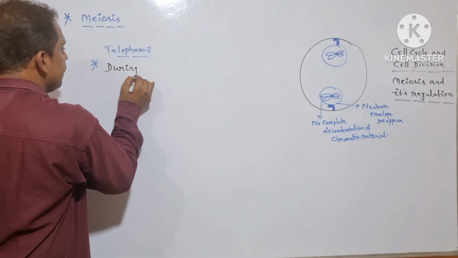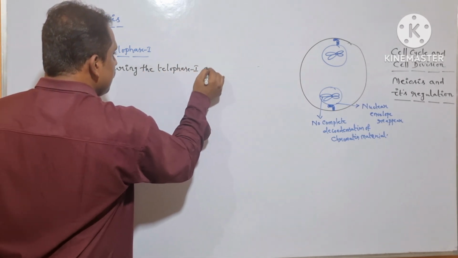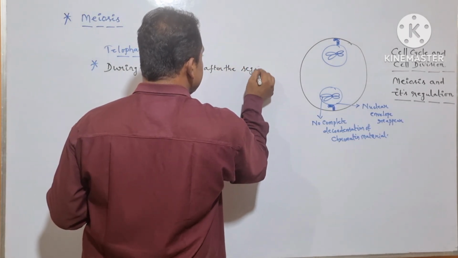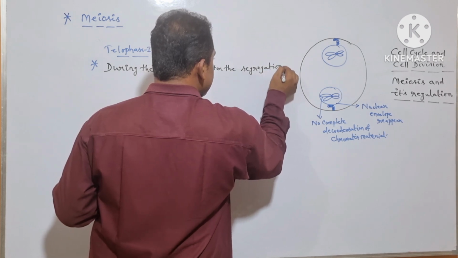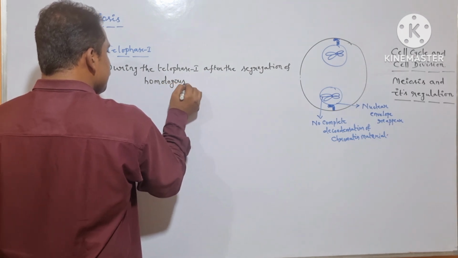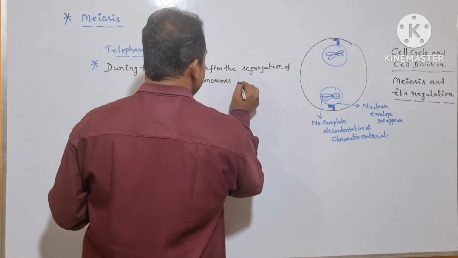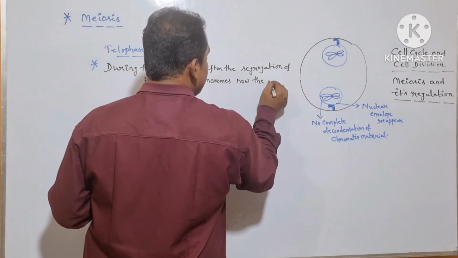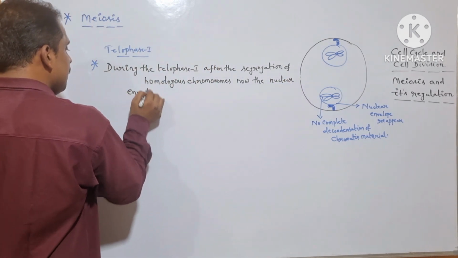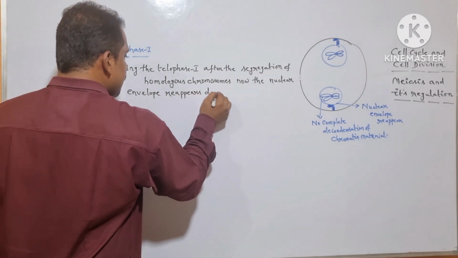During the telophase 1, after the segregation of homologous chromosomes, now the nuclear envelope reappears during the telophase 1.